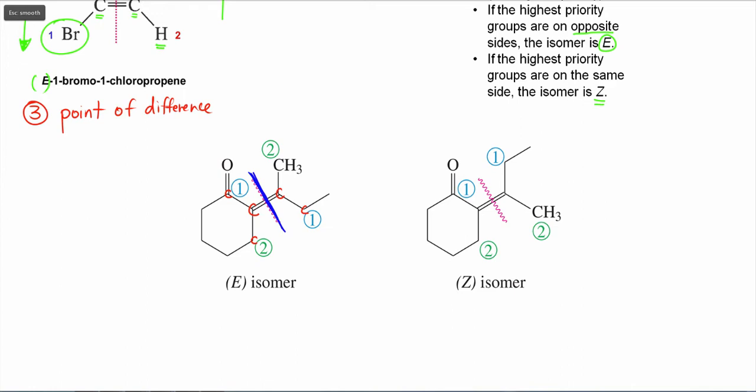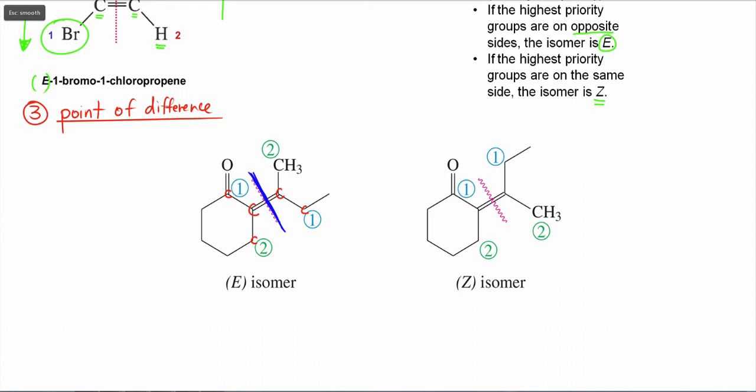The point of difference is very important because you may look at a molecule and say, well, it has the same atom attached. Well, I have to keep moving until I get to a point of difference that has different atoms attached that will allow me to assign priority 1.